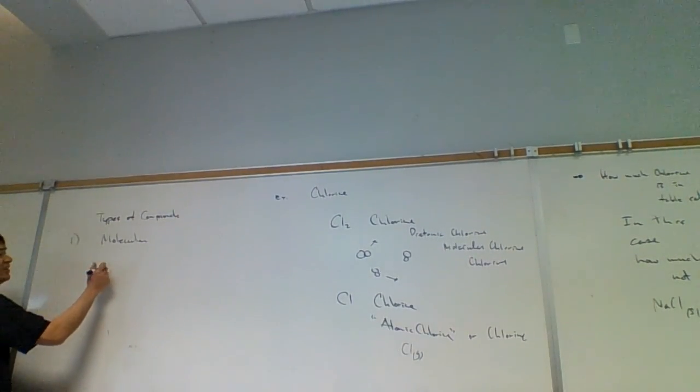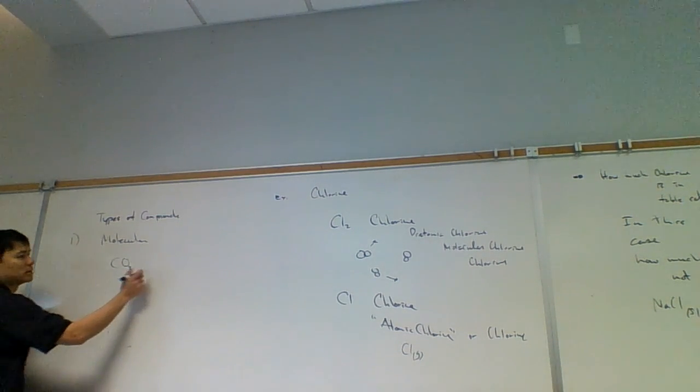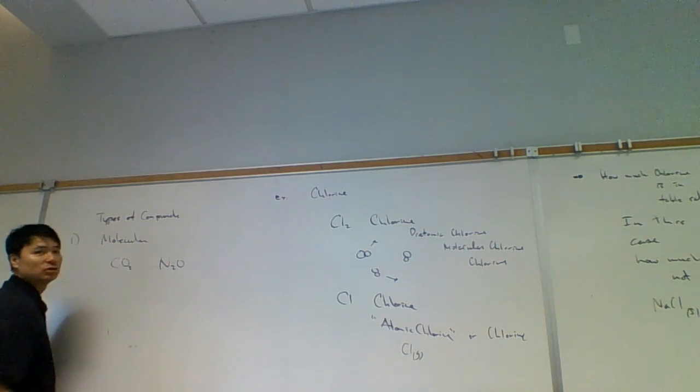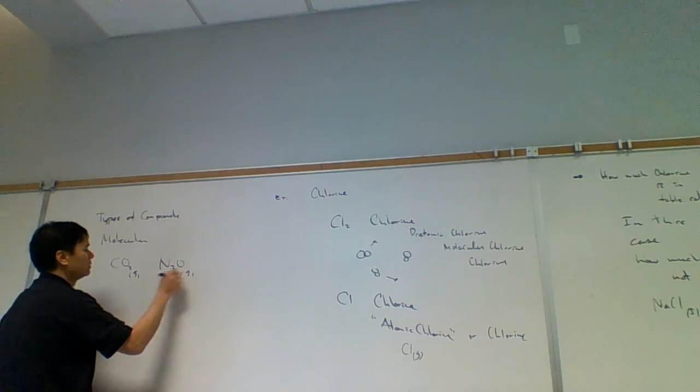So types of compounds would be like molecular, CO2. CO2 is molecular. It's carbon dioxide. N2O is laughing gas. CO2 is a gas. N2O is a gas.